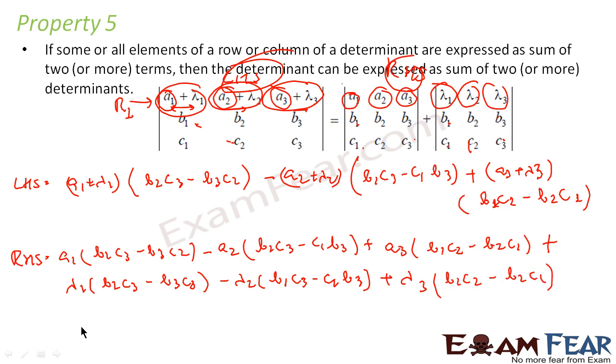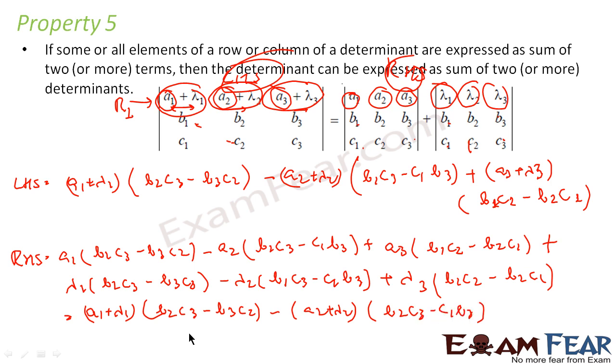So if you add these, this is common, and this is also common. This is nothing but alpha 1 plus gamma 1, no, A1 plus alpha 1 into B2 C3 minus B3 C2, minus A2 plus alpha 2 into B1 C3 minus C1 B3. See why I am doing this: I just want to prove both are the same, so I am just rewriting it in this fashion.